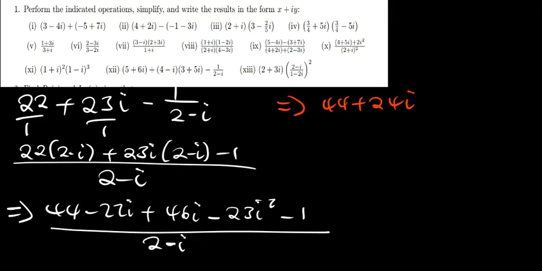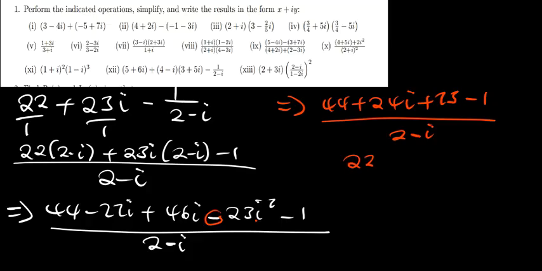Then now it is i squared, so it's going to be plus 23. Then minus 1. I divide this by 2 minus i. So 23 minus 1 is 22. So 44 minus 22 is 22 again. So I'll have 22 plus 24i divided by 2 minus i.